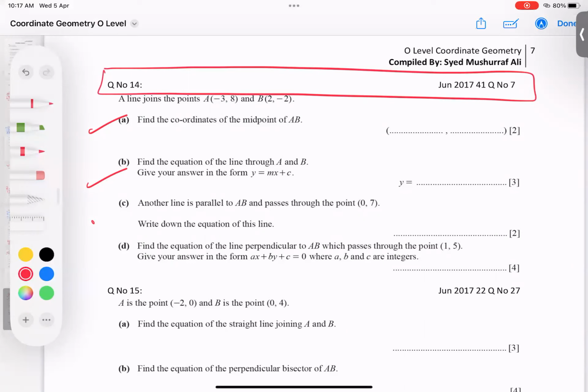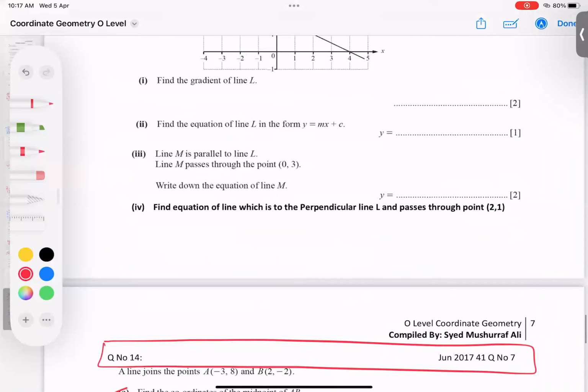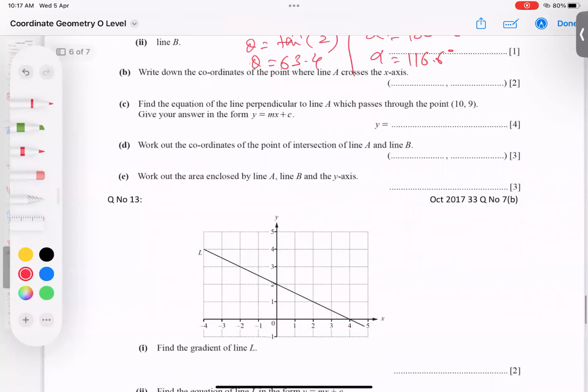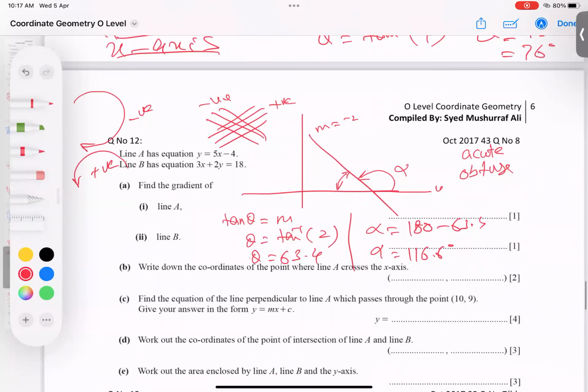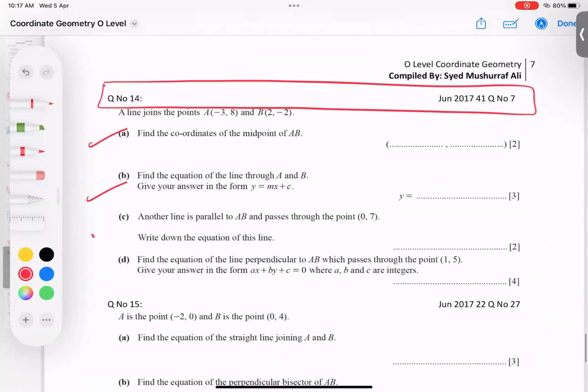And number 2, let me check. June 17, 22, I think this is also available. Let me confirm. June 17 is done. October 17 is there, and 40. This is hard actually. I'll give you an easy one today.